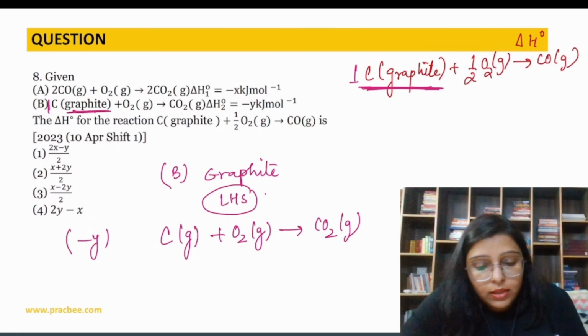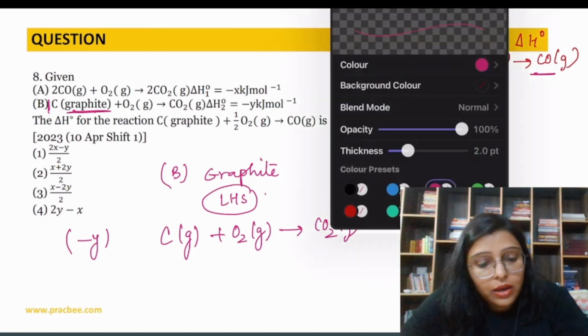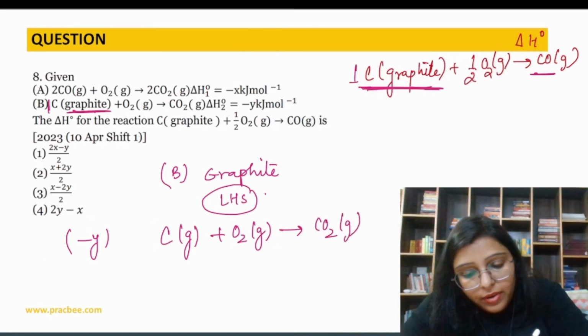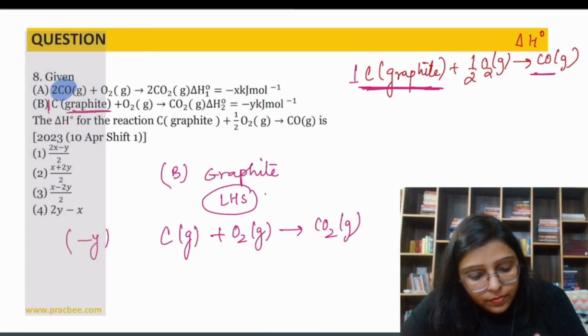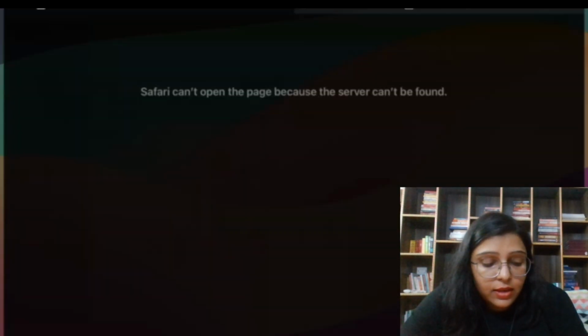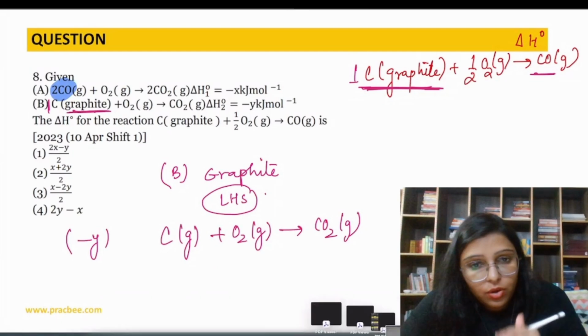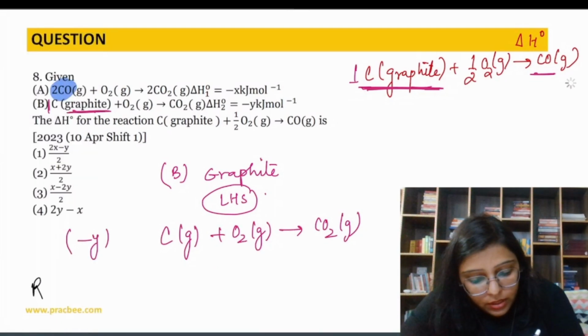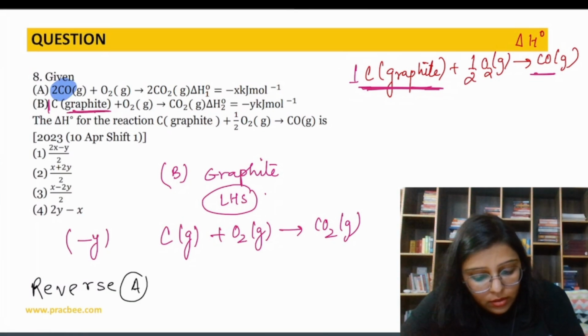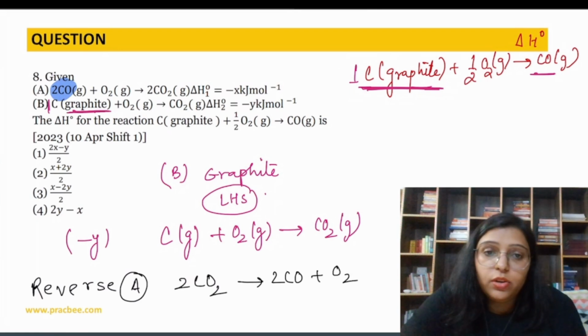Then we need CO on the right hand side. So if I need CO on the right hand side, I have to reverse A. So if I reverse A, I get 2CO2 gives 2CO plus O2. Right or wrong?